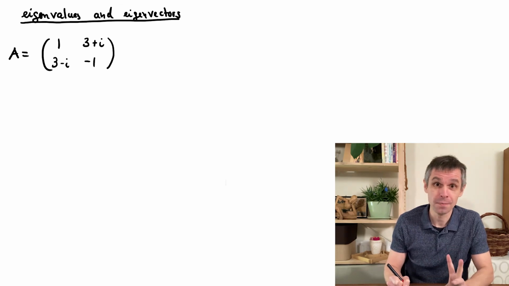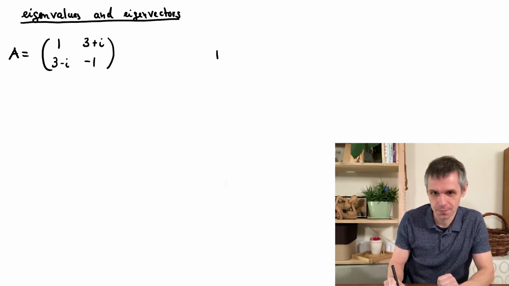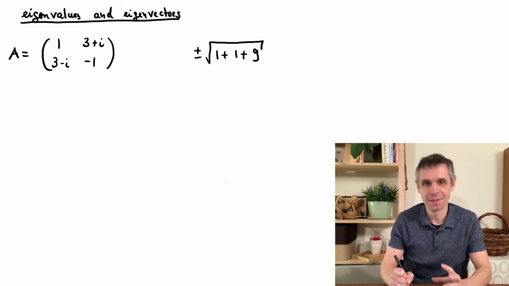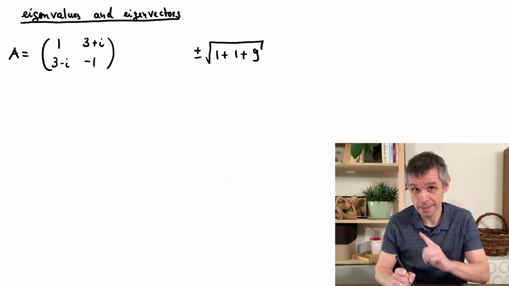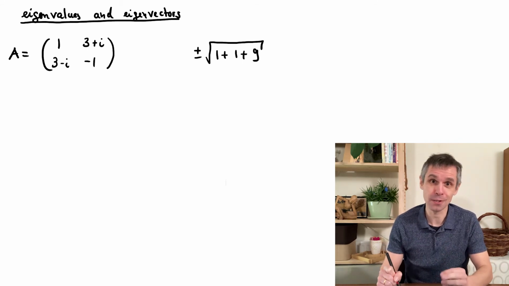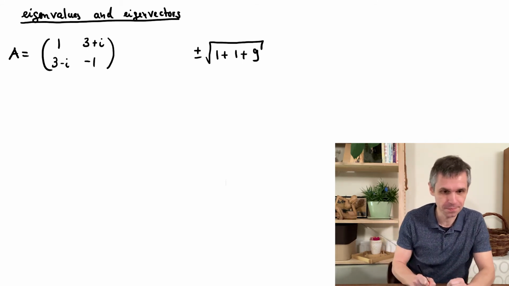I can write them down immediately. And that's because I have a lot of experience with these matrices. And I will explain you how I get there, but let's first calculate the eigenvalues in the normal way.